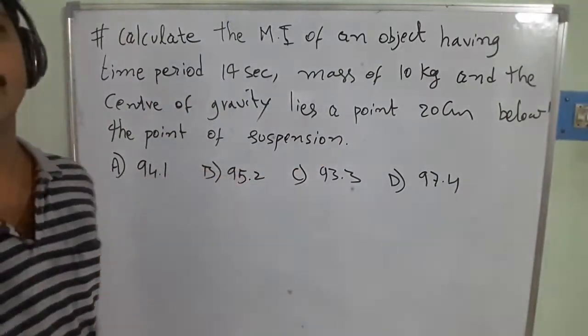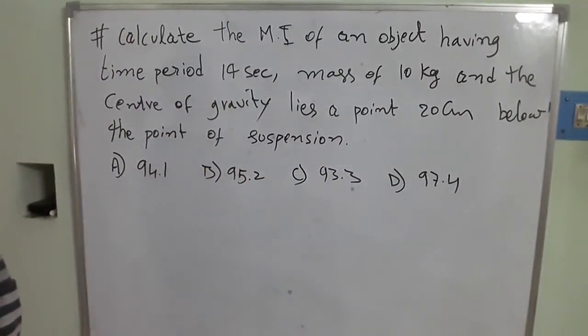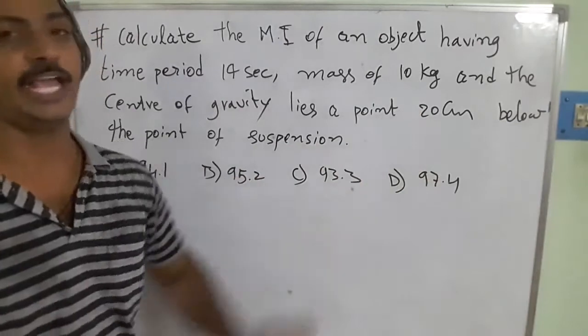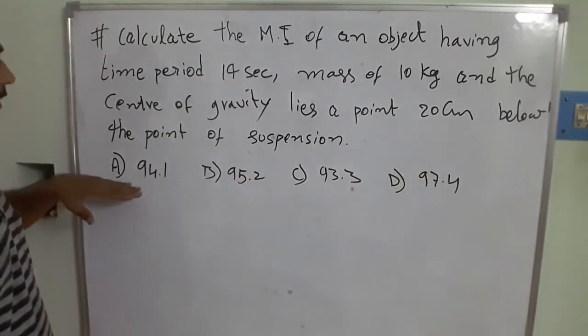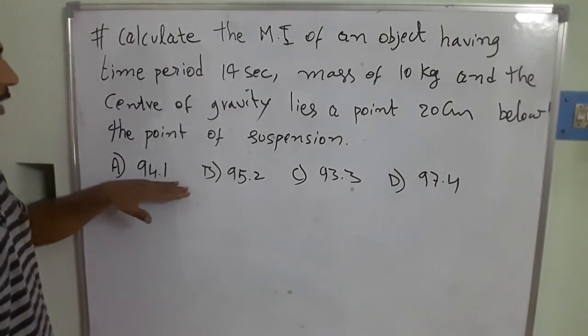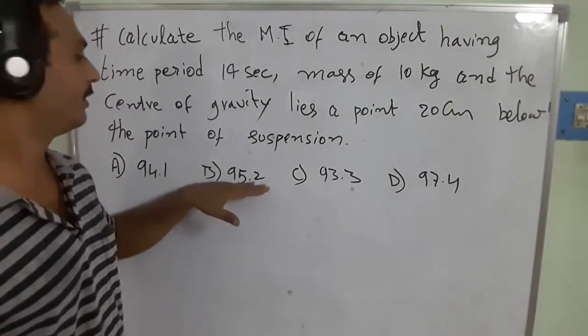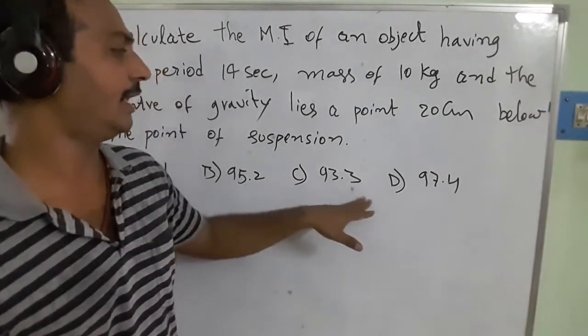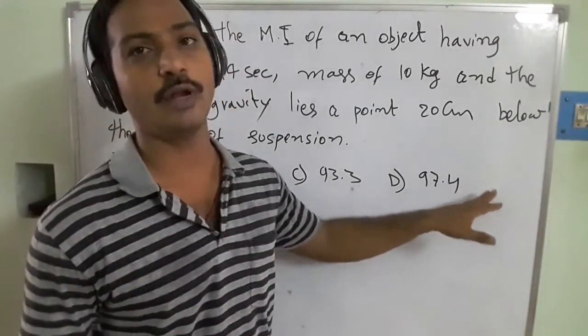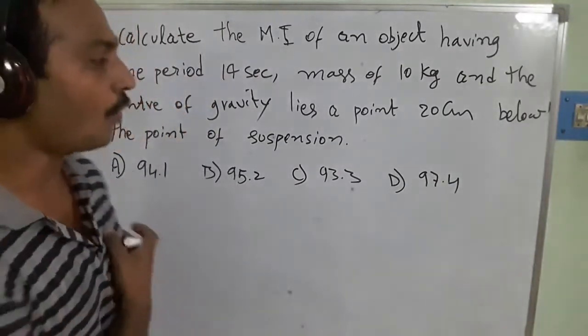It means that he has provided the h value. And here are the options: A is 94.1 kg meter square, B is 95.2, C is 93.3, D is 97.4 kg meter square. So how could you calculate here?